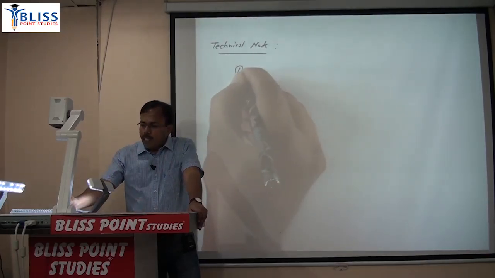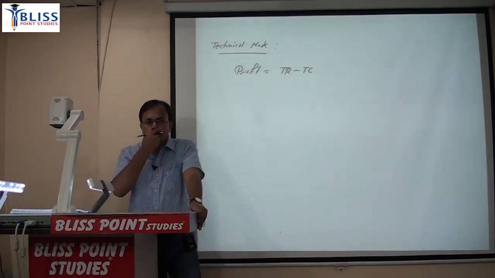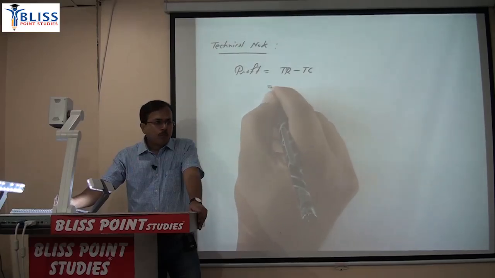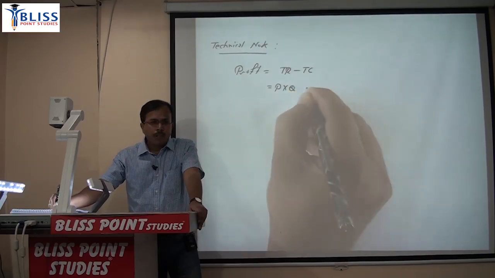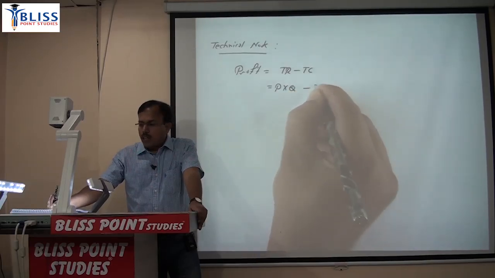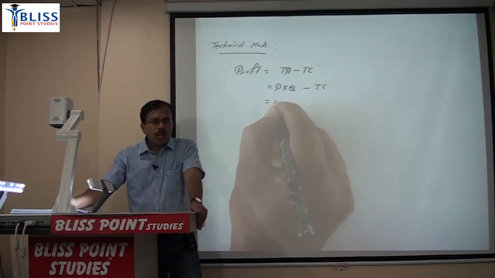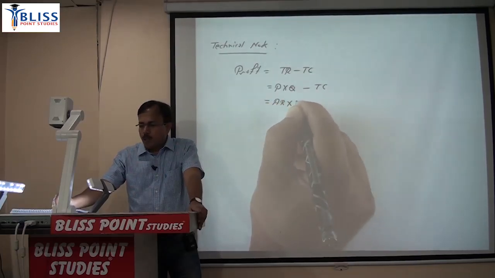If I write again the equation of profit, it is revenue minus cost. How to calculate revenue? Total revenue is price multiplied by quantity. Price is always equal to average revenue.